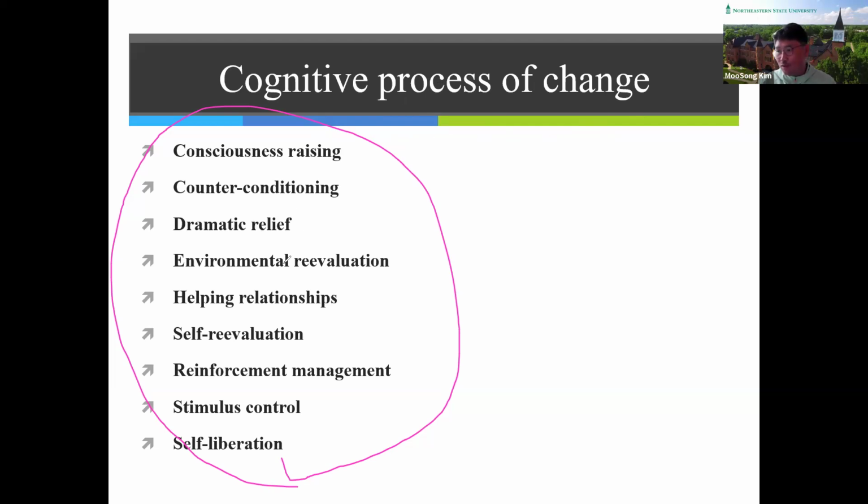We actually have 9 processes of change, and you need to find what these are, and which stage each process of change might fit. For example, dramatic relief, this strategy might work more for maintenance. So the extra credit opportunity is about exploring these processes of change and thinking about which stage might fit each one.